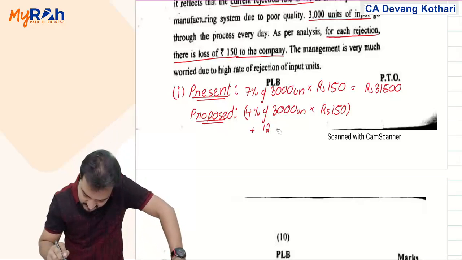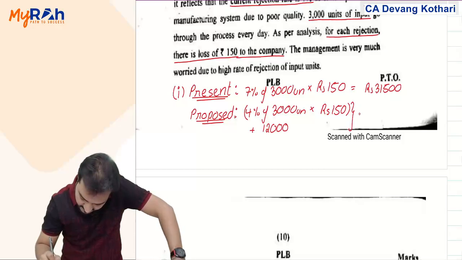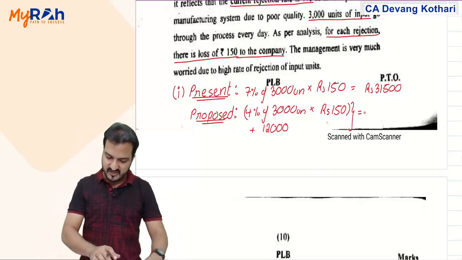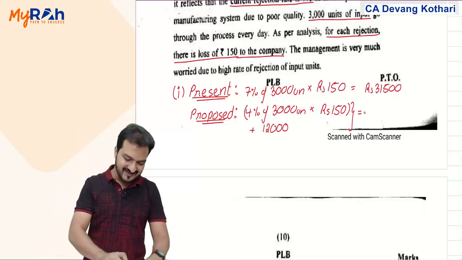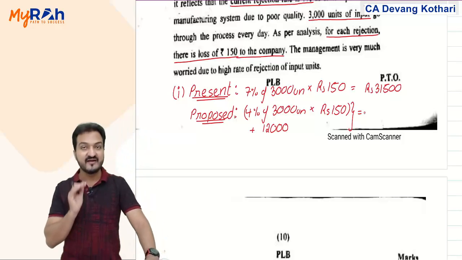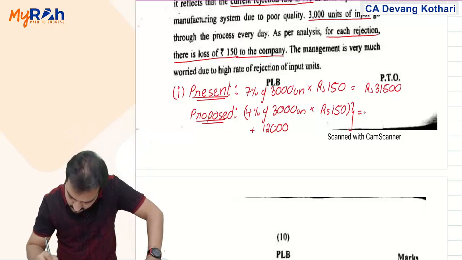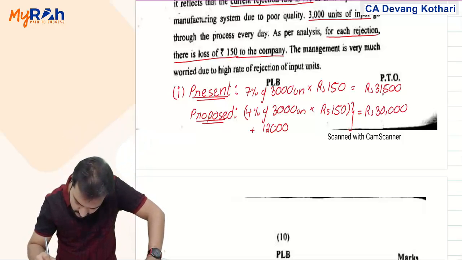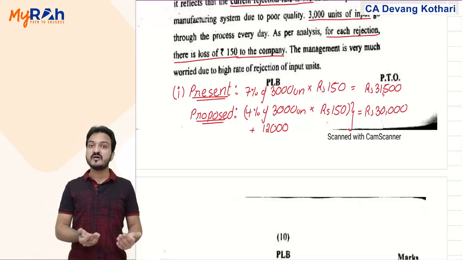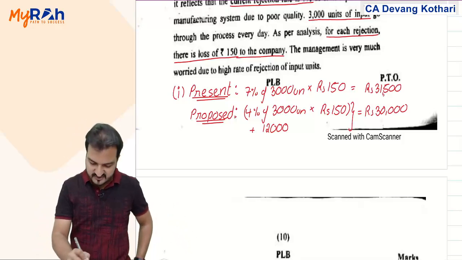New system itself is costing me 12,000 per day. Let's see how much that becomes. That is 3000 into 4% into 150 is 18,000 plus 12,000 cost of new system. Total cost 30,000. So is the proposed system advisable? Yes, definitely. Proposed system is advisable.